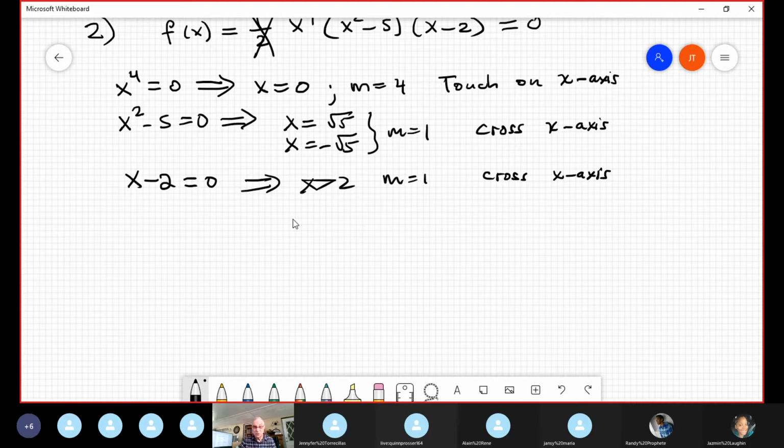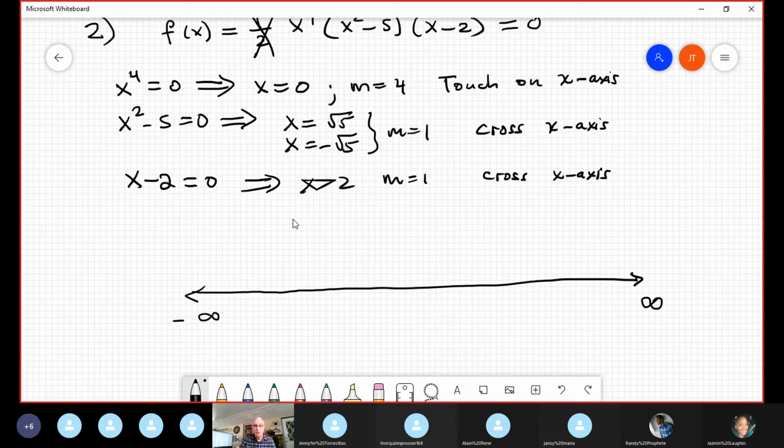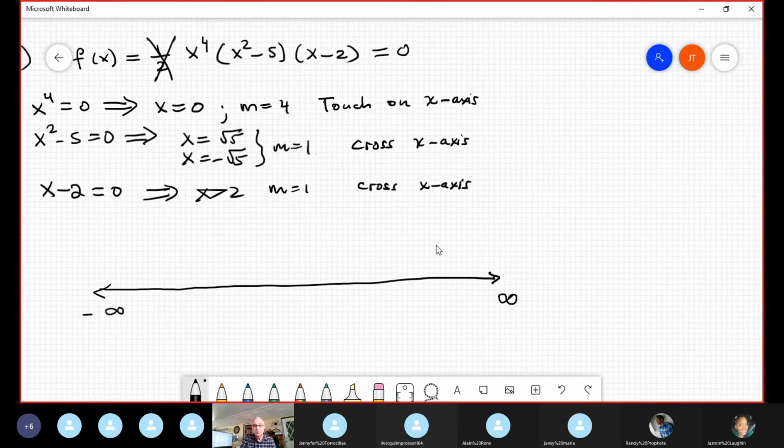Okay, just in case, to make sure, let's do it in the graph. This is my real number line, positive infinity, negative infinity. Let me try to understand the end behavior expression. The expression is 1/2 x to the 4th power, x to the 2nd power, and x to the 1 power.